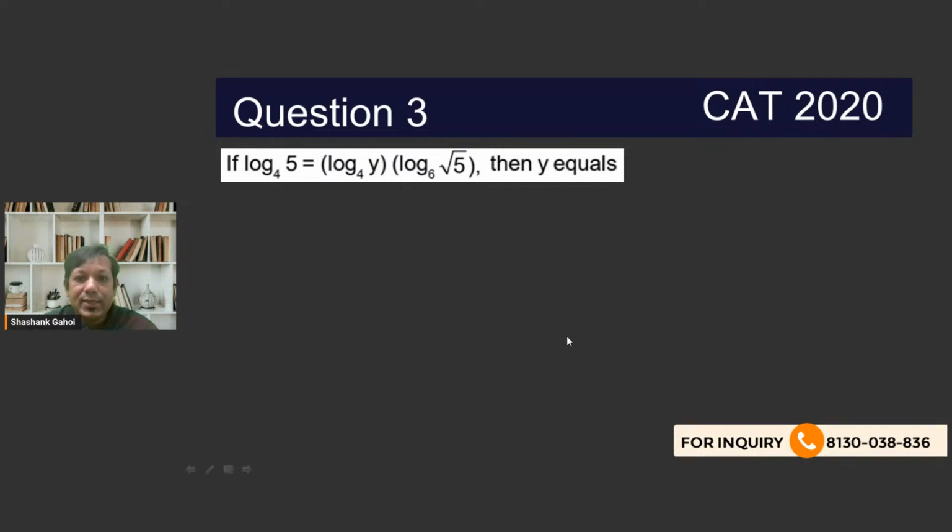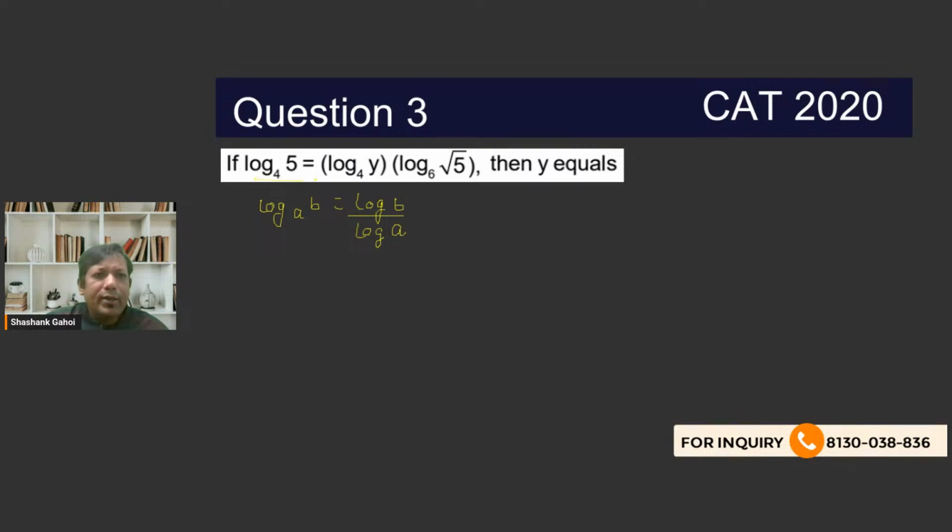What does it say? It says if log 5 base 4 is equal to log y base 4 into log 6 root 5. So what does it mean? I am going to use this formula, log b base a is equal to log b upon log a, in any common base. I can choose the base.